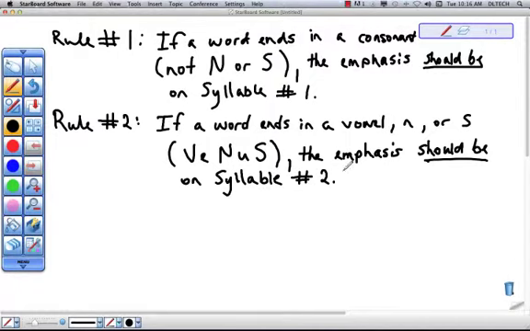All right, so remember, rule number one goes with syllable number one. Rule number two goes with syllable number two every single time.